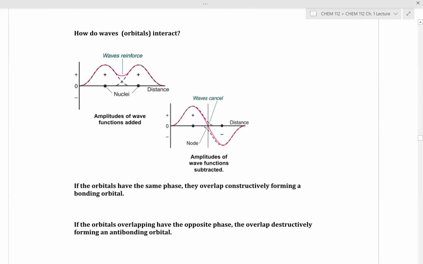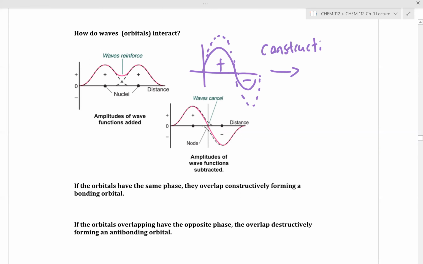Suppose we have a region of positive amplitude and negative amplitude, and we overlap two waves that both have the same amplitude at the same location. When the waves are in the same phase, the regions of positive and negative amplitude are overlapping. We call this constructive interference.